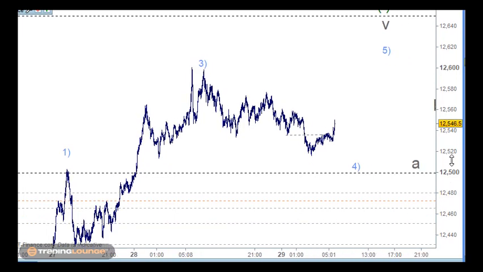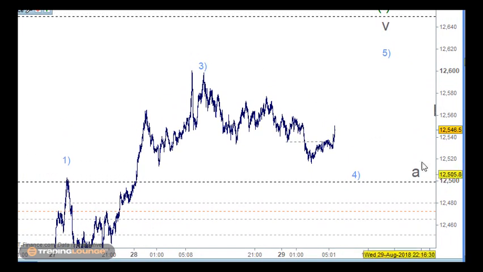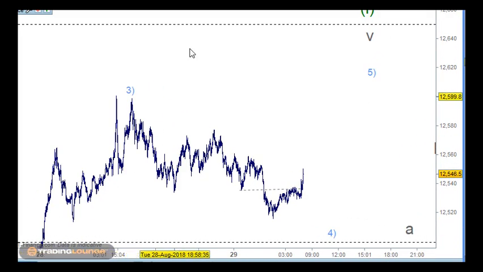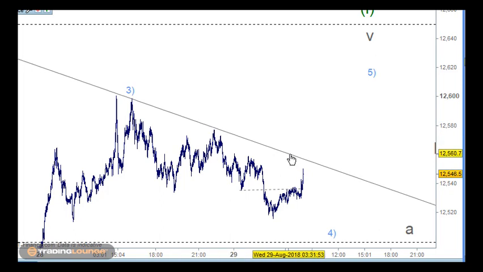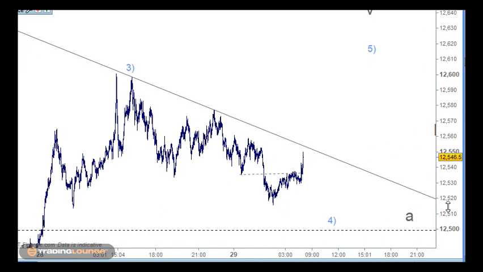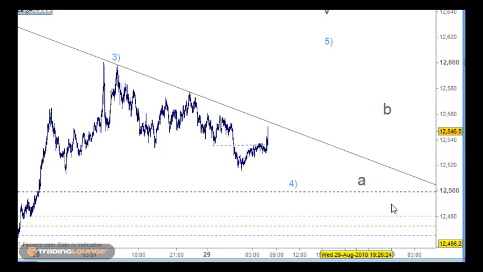If that's going to be the case, then we'll be looking for wave 5 to move up here. But as I mentioned, I know it's a lot of space for traders, but I just think this is not the best long trade at this particular stage.